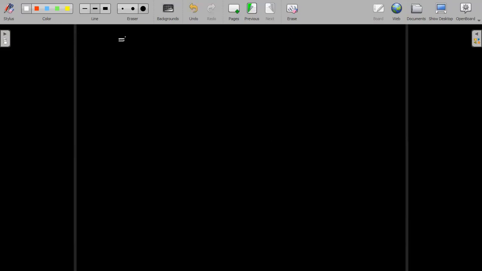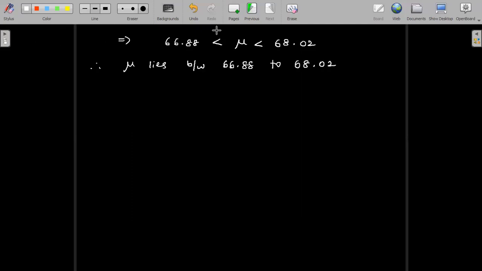So this implies 66.88 less than mu less than 68.02. So in this case, mu lies between 66.88 to 68.02. So this was the 95% confidence limits for us.